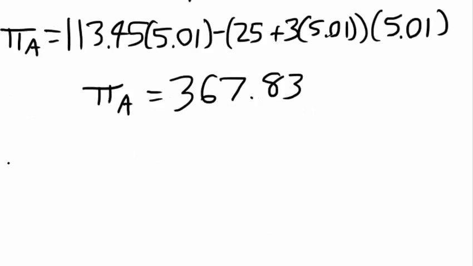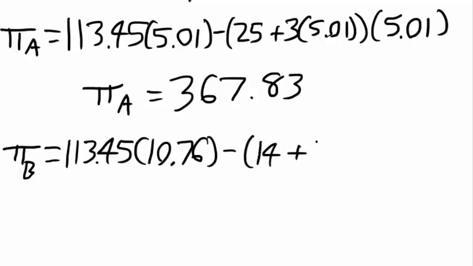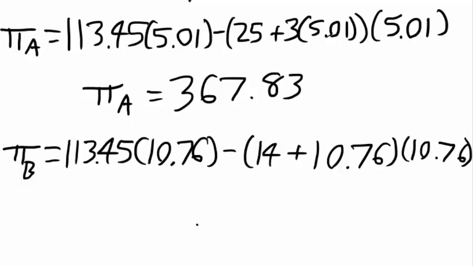Next, we want to find profit for firm B, and we can find that using the same function of profit equals price, which is the same 113.45, times our quantity of 10.76 minus our marginal cost function of 14 plus Q, which in this case is 10.76, and that is multiplied by our quantity of 10.76.